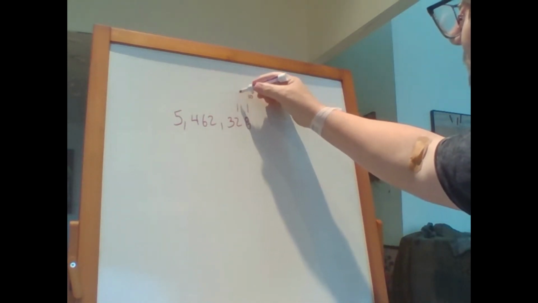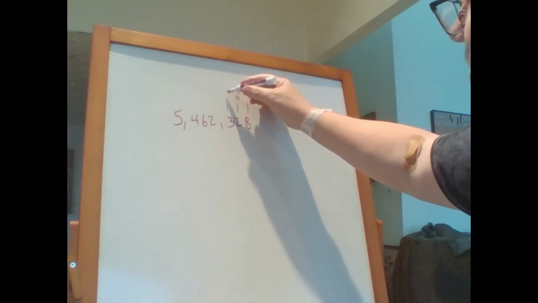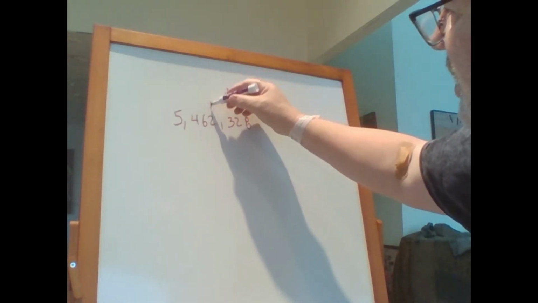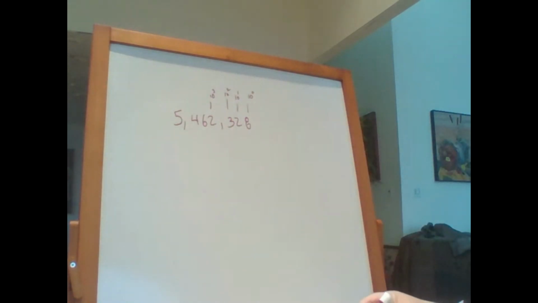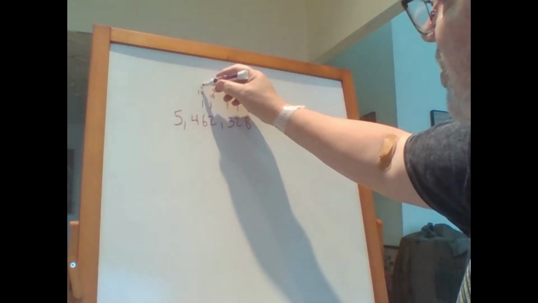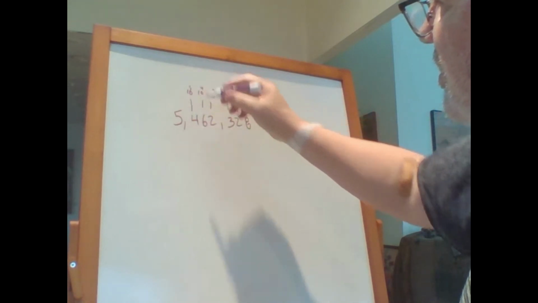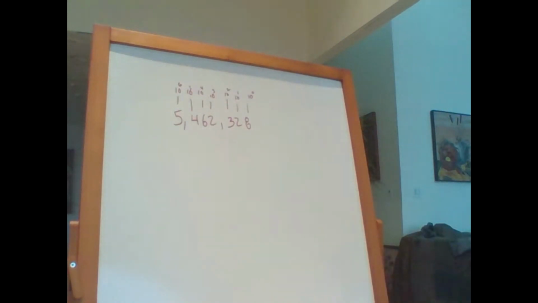This column is 10 to the 1. This column is 10 squared. This column represents 10 to the 3rd. This column represents 10 to the 4th. This column is 10 to the 5th. And this column is 10 to the 6th. And we'll show how that works.